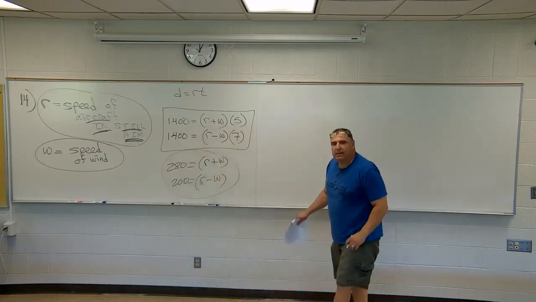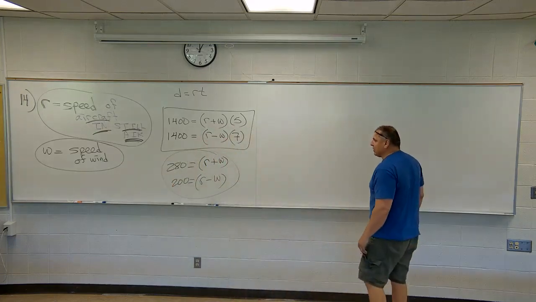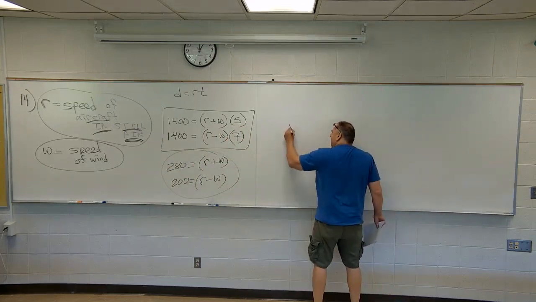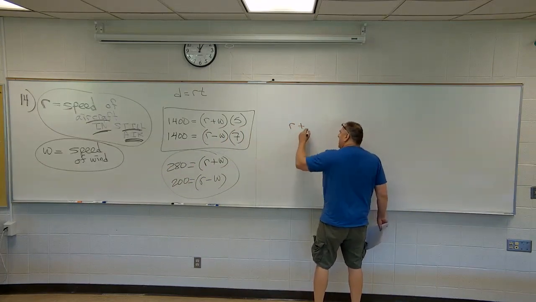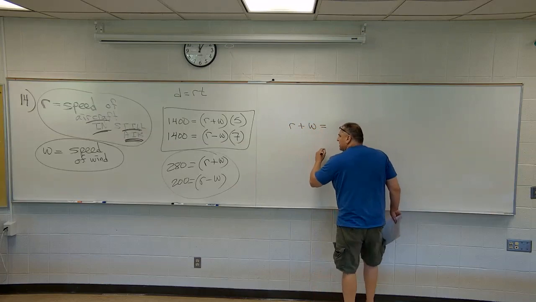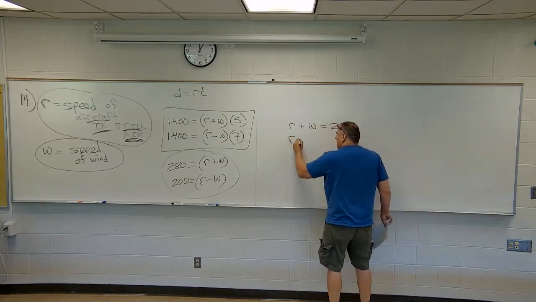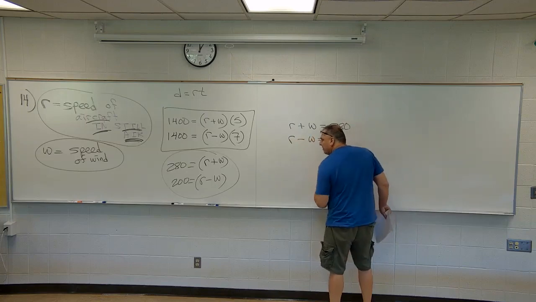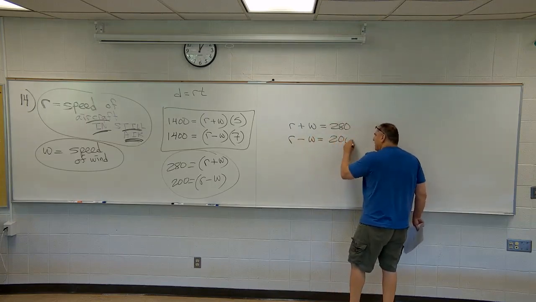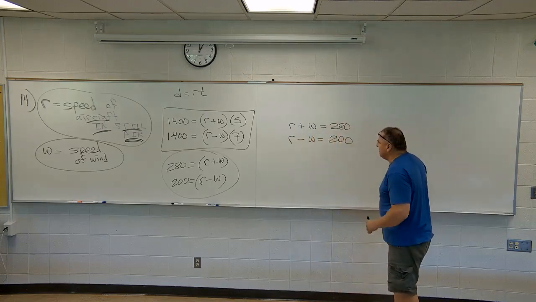That's the ticket. That's the way to go, I think. Write the top one right here: R plus W equals 280. The bottom one is R minus W equals 200. Sounds good to me.